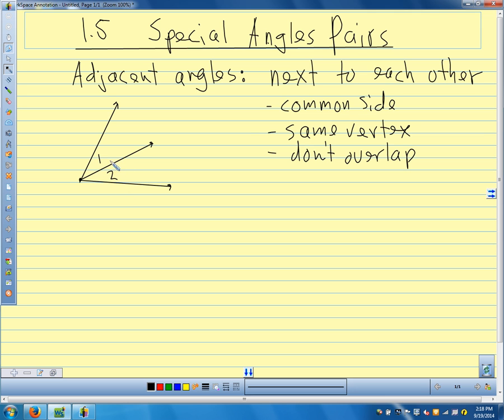That means one doesn't go inside the other. They touch right here. And we could also have adjacent angles that look like this, and we will give this kind of adjacent angle a special name. So those are our adjacent angles.